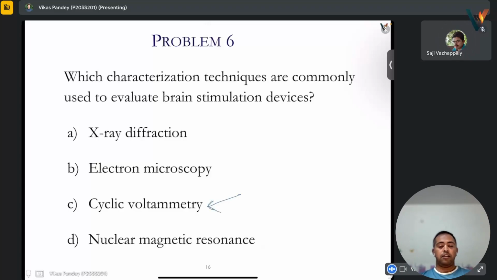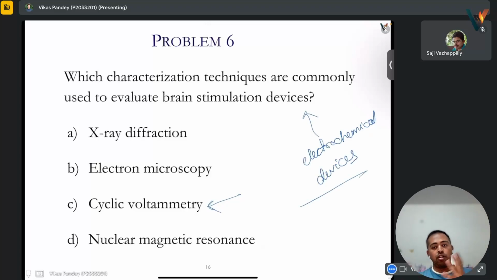These stimulating devices are electrochemical devices, right? Because inside the brain, current flows through ions, so there is a chemical current there.